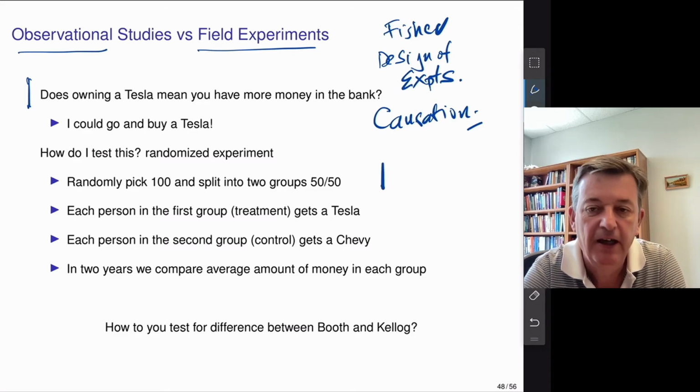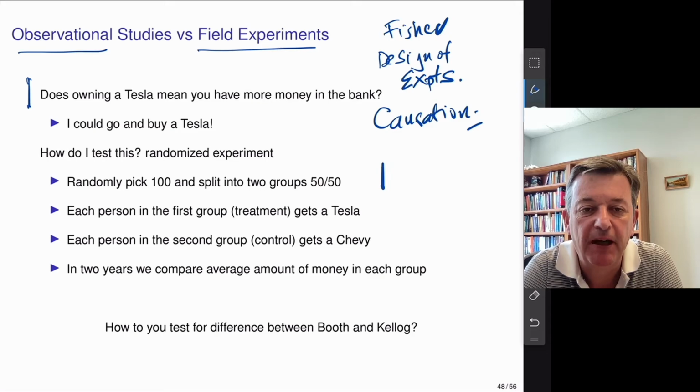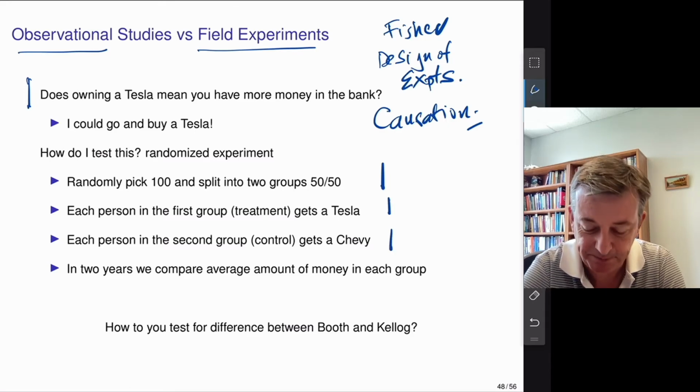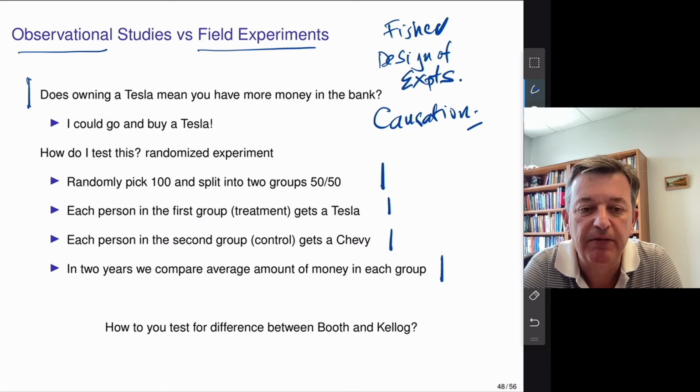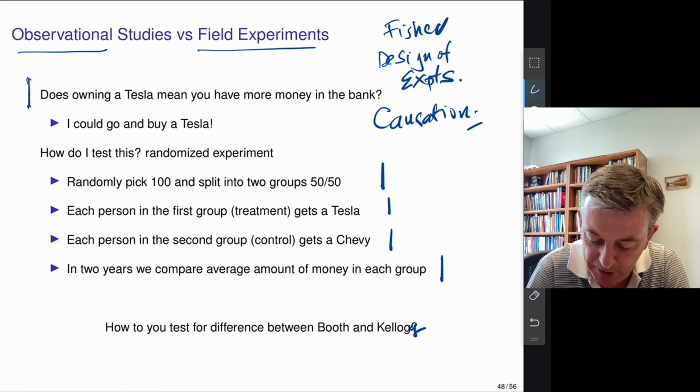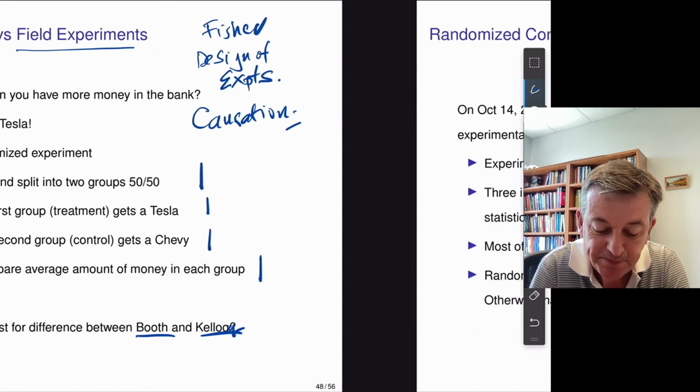So to do that, I could do a field experiment: randomly pick 100 people, split into two groups, give half the people a Tesla, the other half some other car like a Chevy, and then in 2 years, try and assess that treatment effect, what would happen. And I guess the business school equivalent is Booth versus Kellogg.